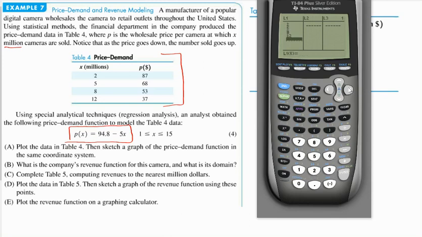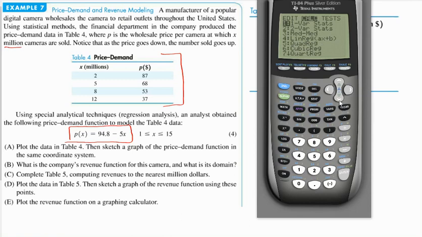Enter. So now I hit the right arrow to go to the next column, and I'll put in the dependent values, 87, 68, hit enter, 53, and 37. So now that we have our historical data in here, we can go back to Stat, hit the right arrow to choose the Calc menu, and then we're going to look for a linear regression model.